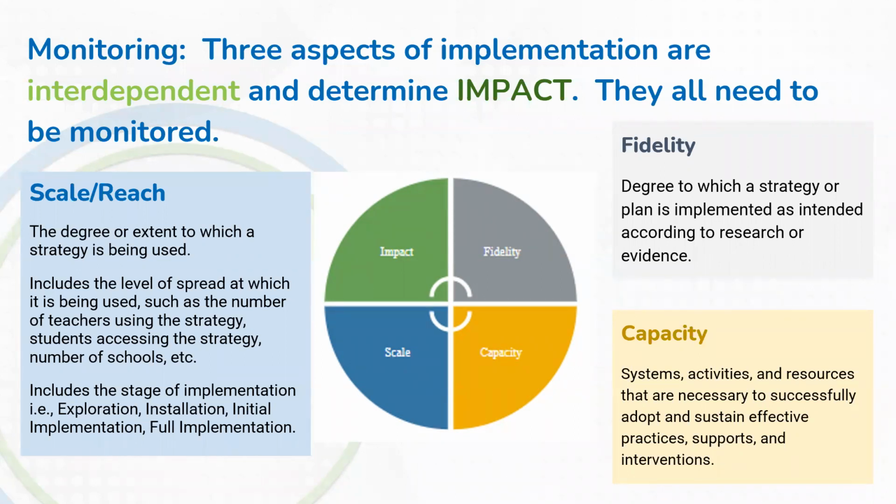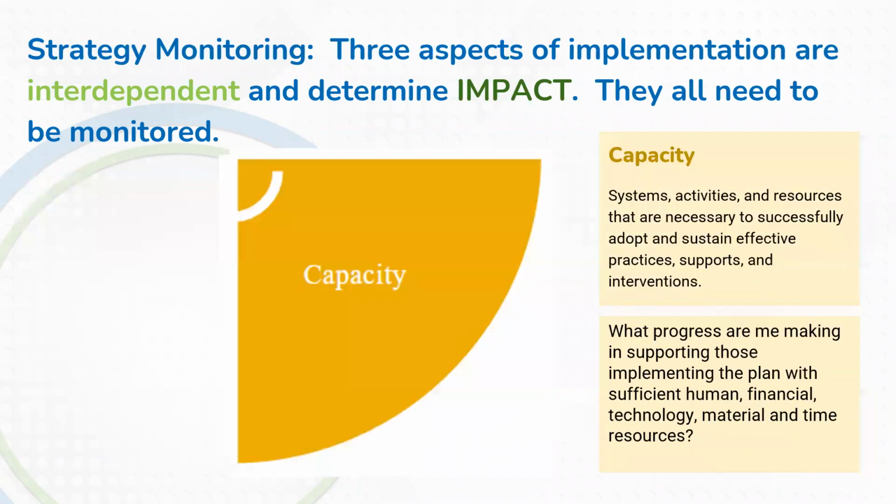And all three implementation components determine impact. So if any of the three of those are missing, or if they're weak, impact will be affected. And so as a result, all three aspects of implementation need to be monitored. However, it's also not required to monitor all three aspects every time you monitor. So in the next three slides, we're going to review the definition of each and also look at the various tools that can be used. So we begin with capacity, since it directly impacts fidelity and scale and reach. On this slide, note the definition of capacity according to the National Implementation Research Network, or NIRN, as well as the question that's posed in MICIP as part of the monitoring process.